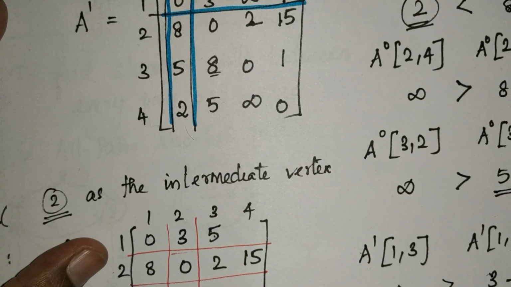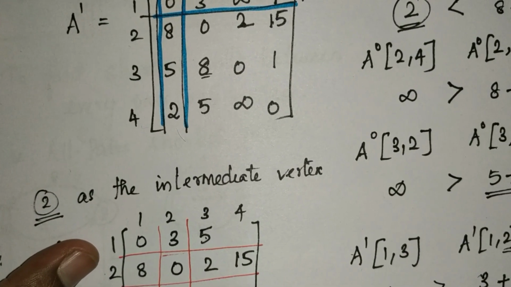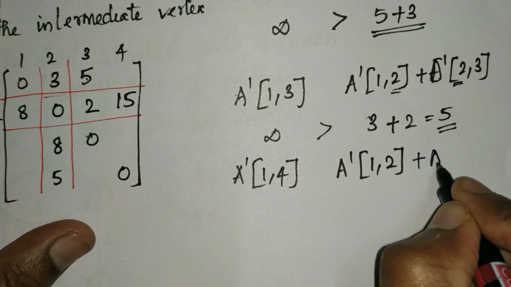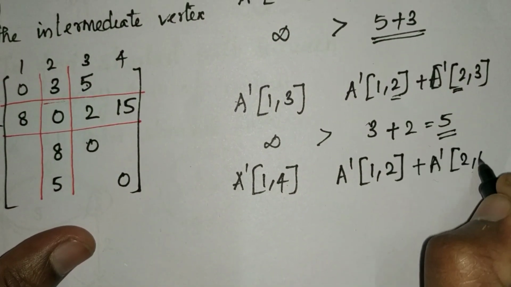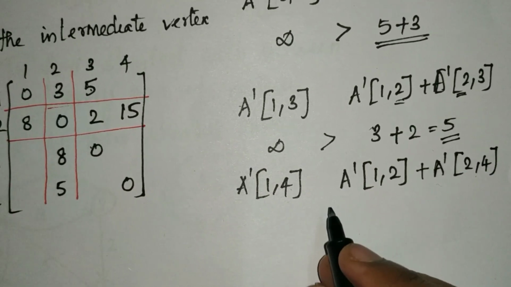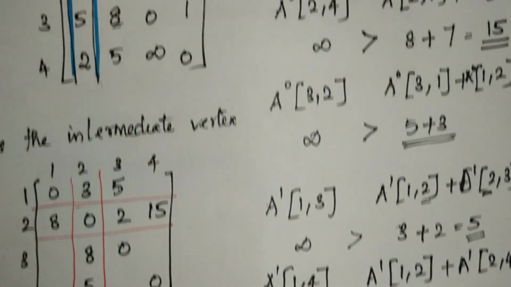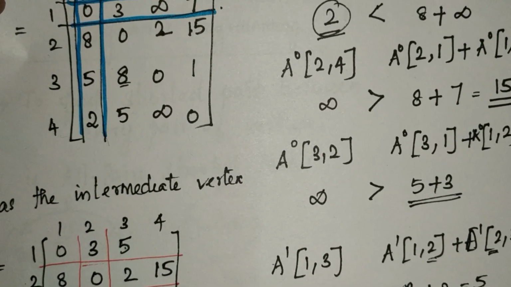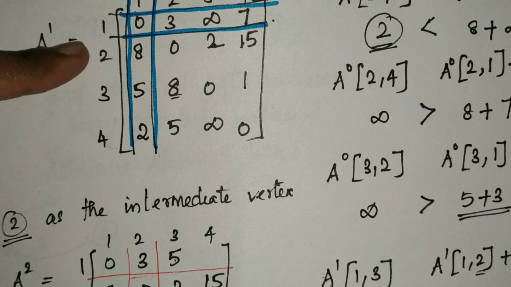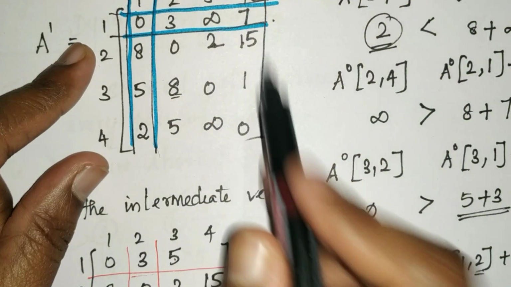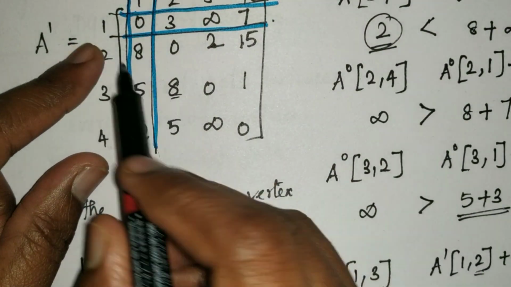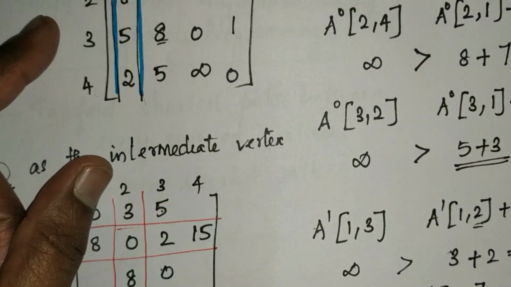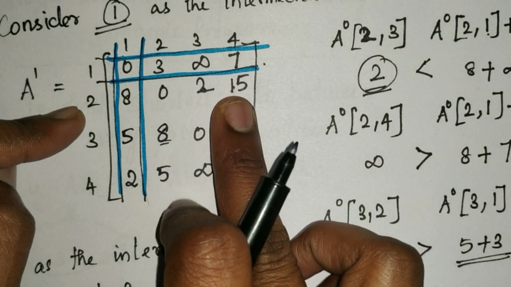For finding 1,4, it goes through the intermediate vertex 2. From the previous matrix A1, 1,4 is 7, and 1,2 is 3 plus 2,4 is 15.